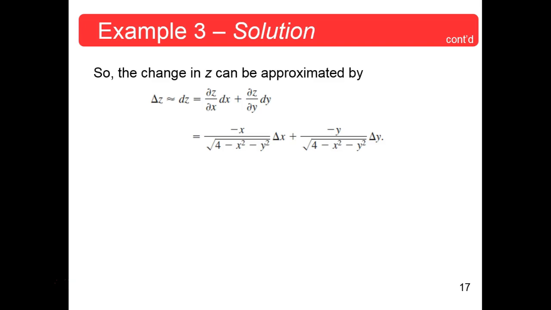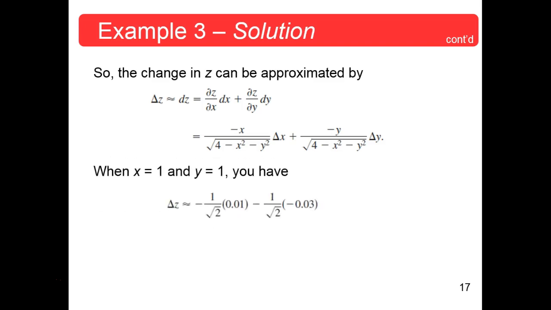I can't recall if we did that. You had originally put that up here. Yeah, and we did the calculation. This is your partial of z with respect to x, and that was with respect to y, and this is your delta x and delta y. And this was a minus 1 over root 2, and this was a 0.01, and that was a minus 1 over root 2, minus 0.03.